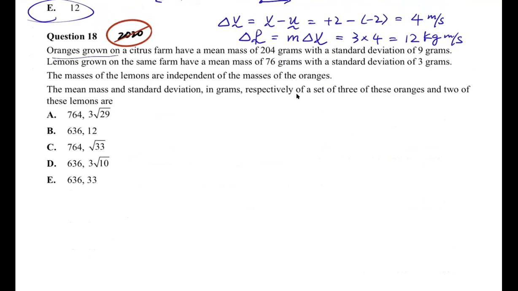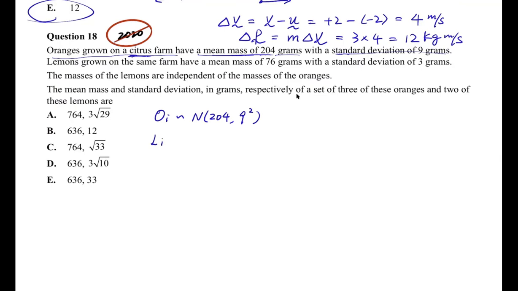Oranges grown on a citrus farm have a mean mass of 204 grams with a standard deviation of 9 grams. Let's say O_i is a normal distribution with 204 as its mean and 9 to the power of 2 as its variance.